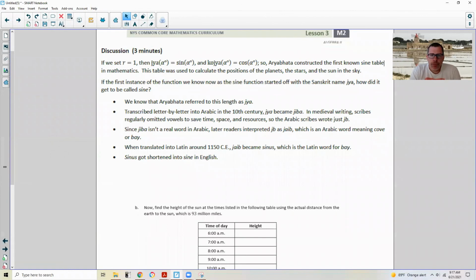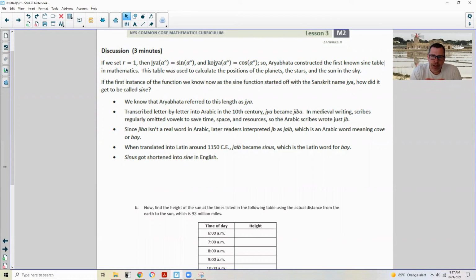Okay, page 5, I'm just going to say a little discussion here, talk about where did sine come from? So if we set the radius to equal 1, then jya alpha degrees equals the sine of alpha degrees, and koja alpha equals cosine of alpha.